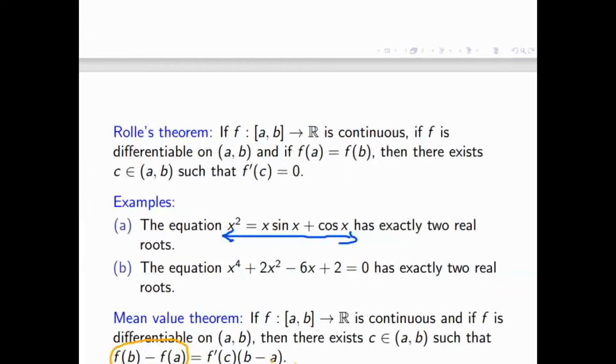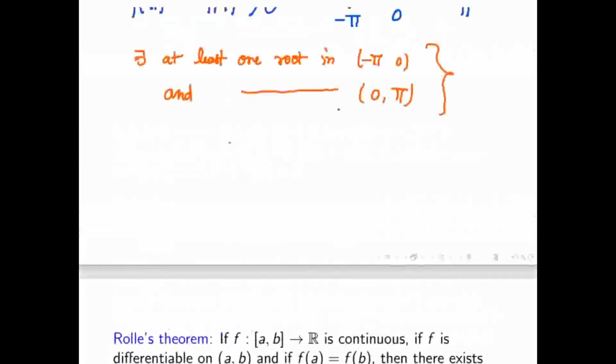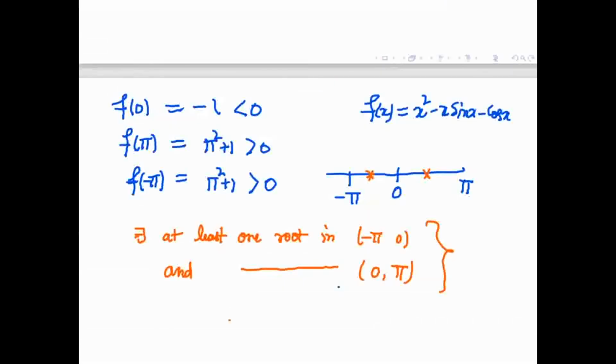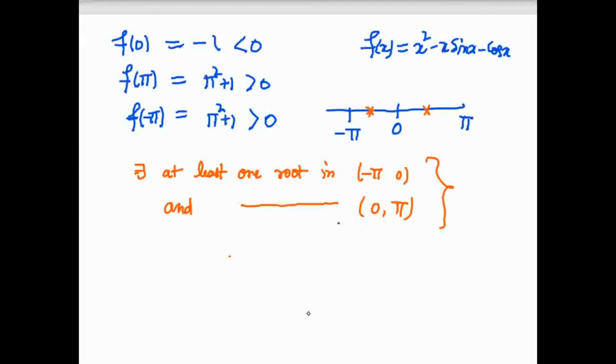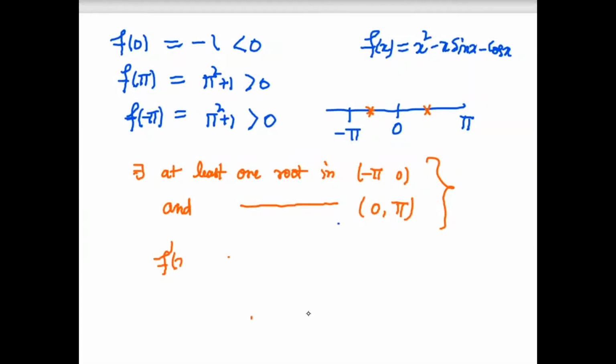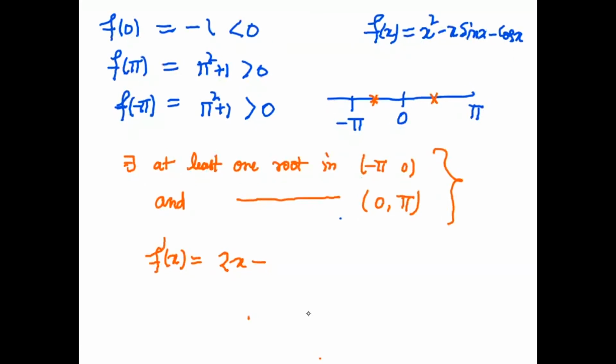So we'll apply the mean value theorem, or this combination of Rolle's theorem. So we'll first calculate the derivative of this function, to see how many roots the derivative has. So what is the derivative of f of x? The derivative will give 2x minus x as it is, sin x.